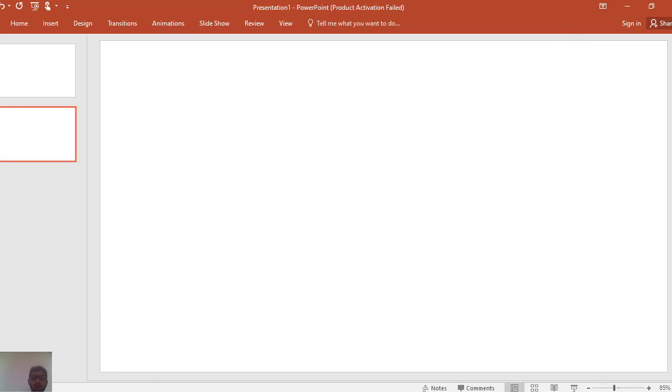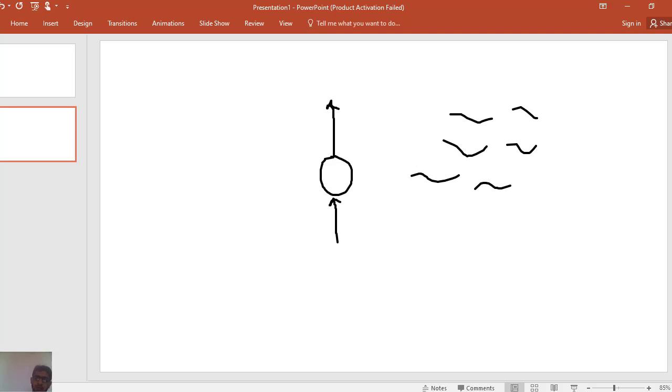So the main points in the penetration theory: suppose this is the air bubble which is rising in water.